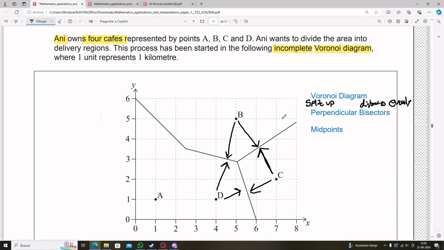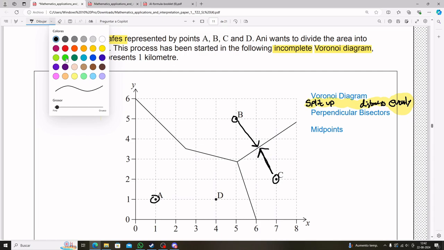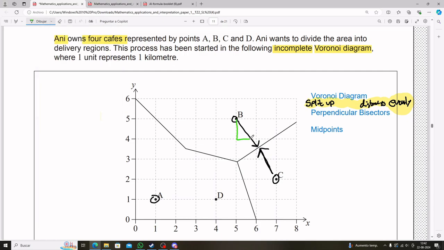And so that is the main sort of intuition of the Voronoi diagram. First, you put down your cafes. First, you put down A, B, C, and D. And then you figure out where are those distances so you can split them up evenly. Okay, it has to be even. So if you take a good look at, for example, between B and C, right, you can tell that it fills up at least one square.